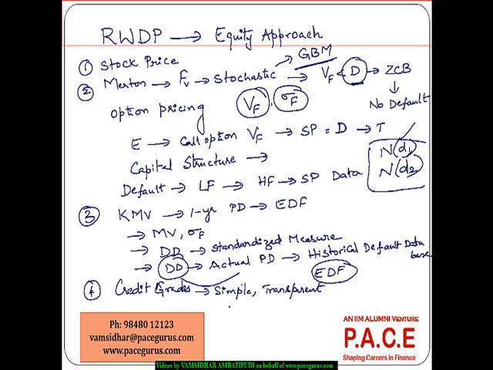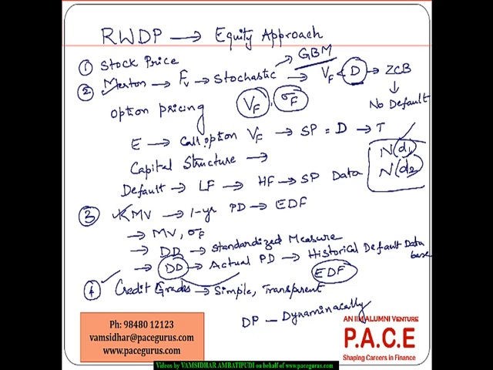So whatever mechanism we are using, whether it is the Merton model, KMV or CreditGrades, they are important because they define the default probability dynamically, because equity prices keep changing every day.